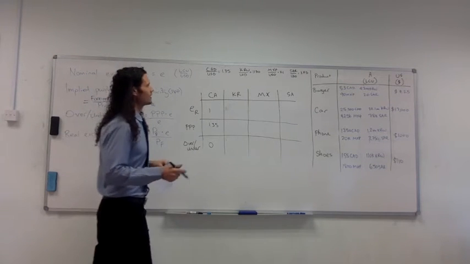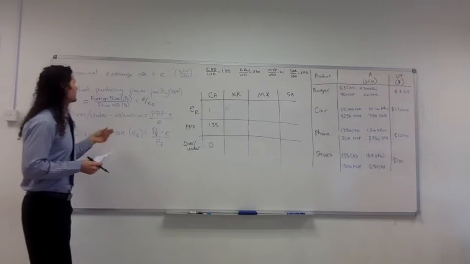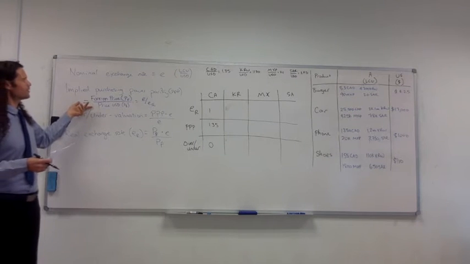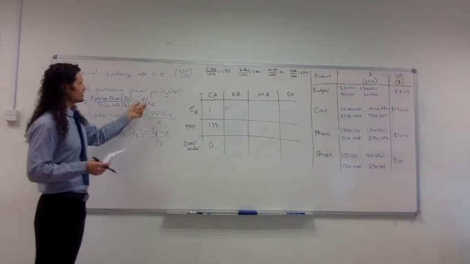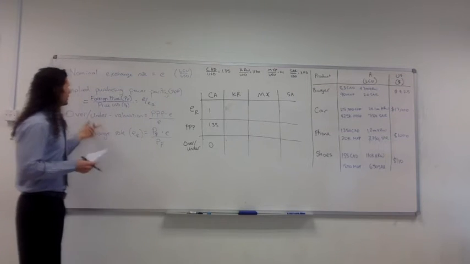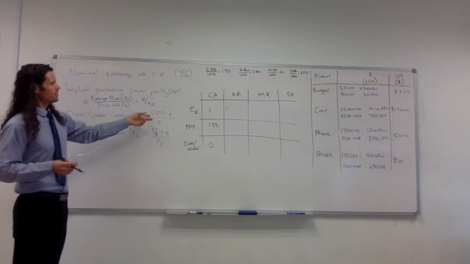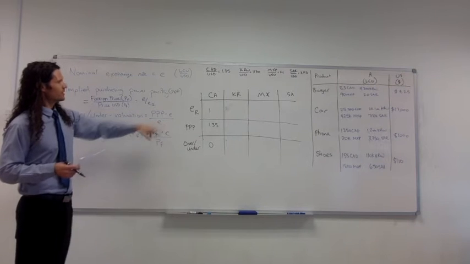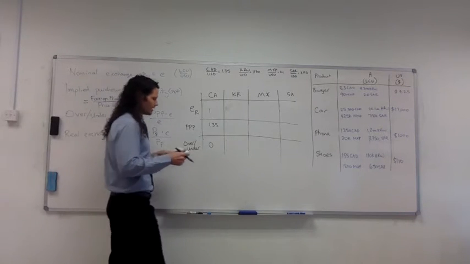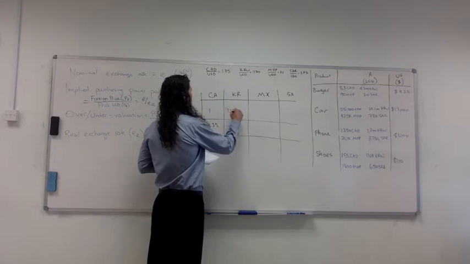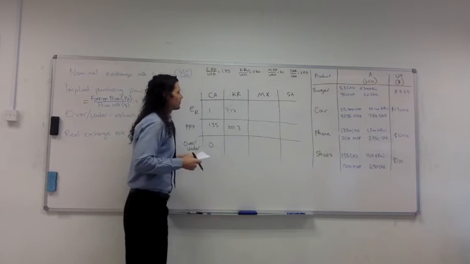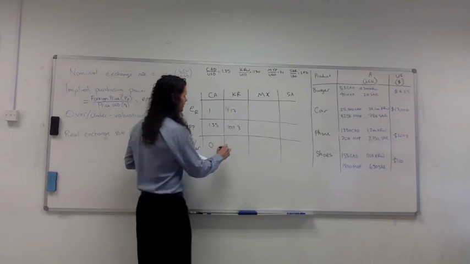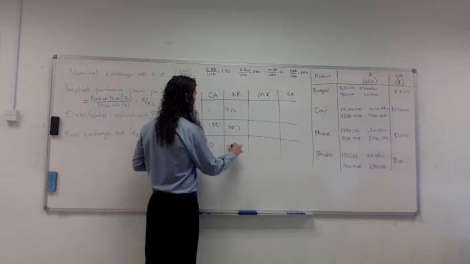And so given those numbers, if we plug them into our little equations here, implied purchasing power parity is the ratio of foreign price to US price, or exchange rate to real exchange rate. And then our over-under valuation is that PPP minus the exchange rate over the exchange rate. We end up getting 1011.3 and negative 0.143.